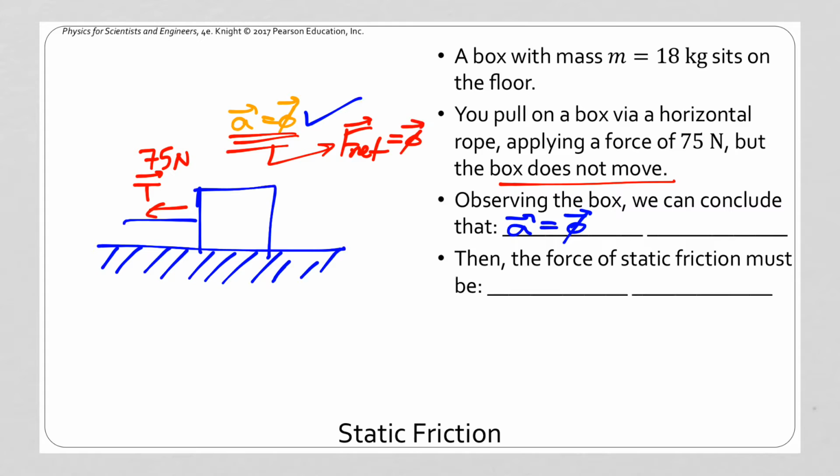That's Newton's first law. Then there has to be something else canceling out our 75 newtons, and we can conclude that there must be a static frictional force whose magnitude is 75 newtons acting in the opposite direction to cancel out our applied force. So static friction would have to be 75 newtons in this case to cancel out the tension, to give us what we're observing in the system.